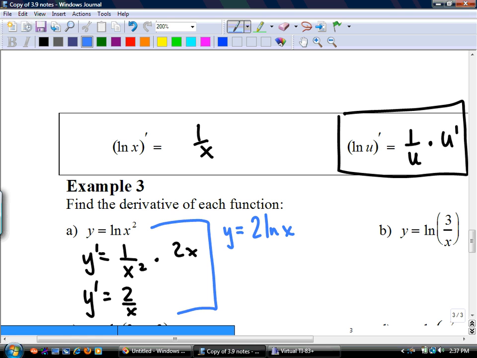I could use my exponent rule for logarithms, where the exponent falls to the front. Cover up the 2. What's the derivative of ln x? 1 over x. So do you get the same answer?